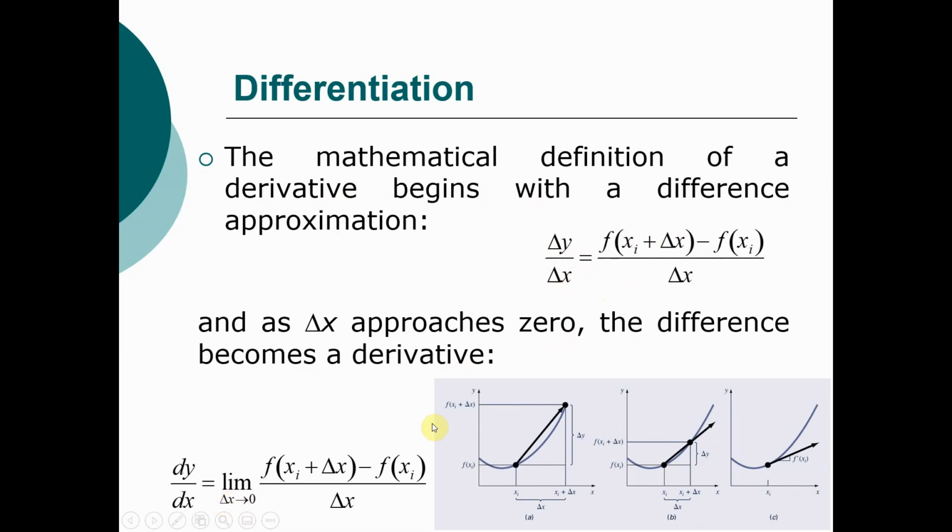Finding this limit as delta x goes to 0 would give us the derivative of a function at point xi, which would be the slope of this line, the tangent line to the curve. That's what the derivative of a function is, and we want to approximate this line. We want to find another line that's easy to calculate, and whose slope is easy to calculate.